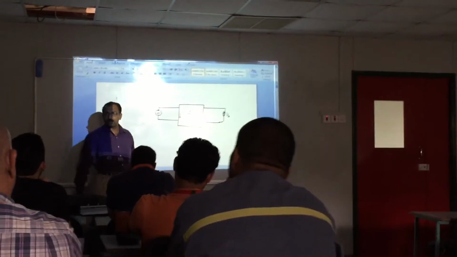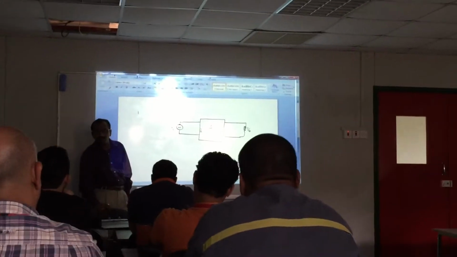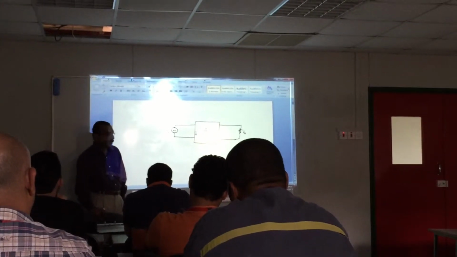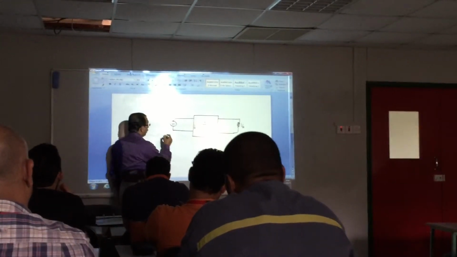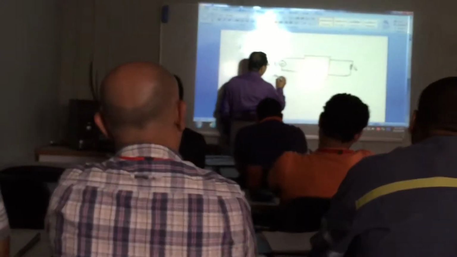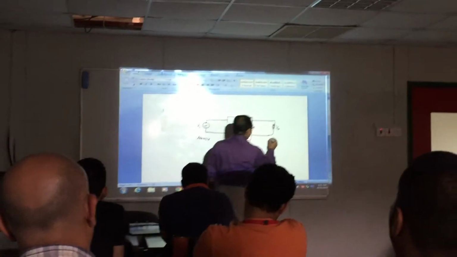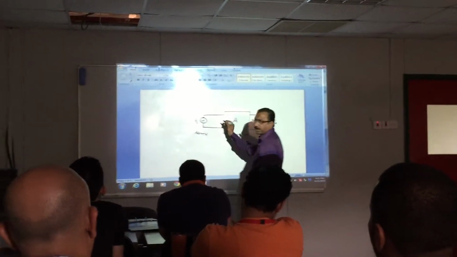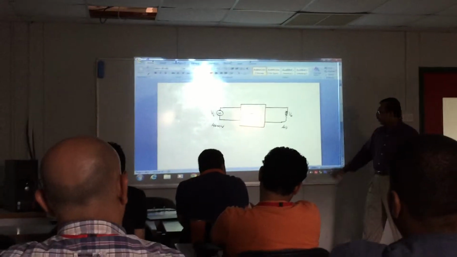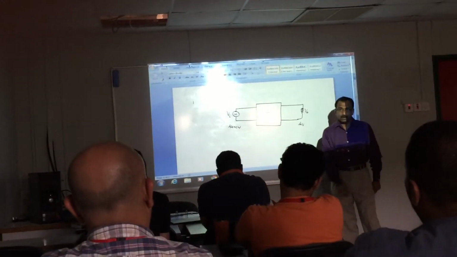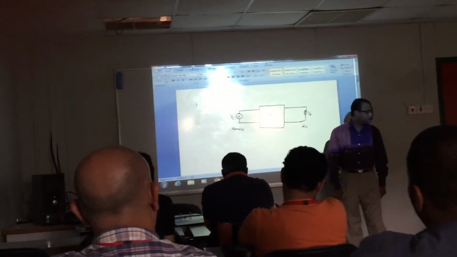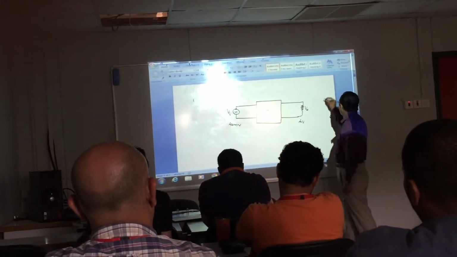You made this circuit in the lab, class A amplifier, right? What happened? You applied a 40 millivolt signal. How much voltage you got? 4 volt. That means the gain of the amplifier is 100. 4 volt divided by 40 millivolt. So, what is the gain?